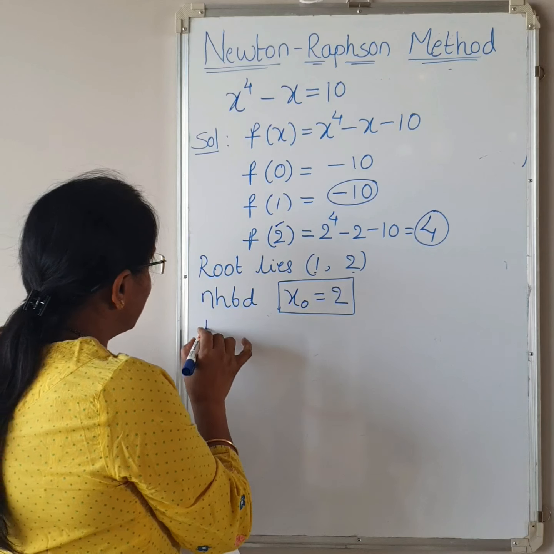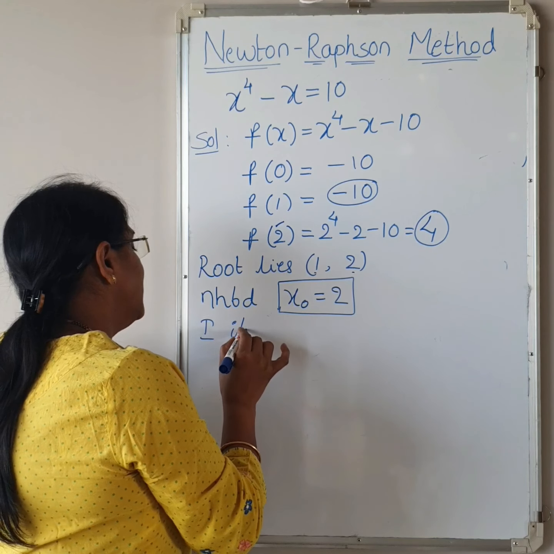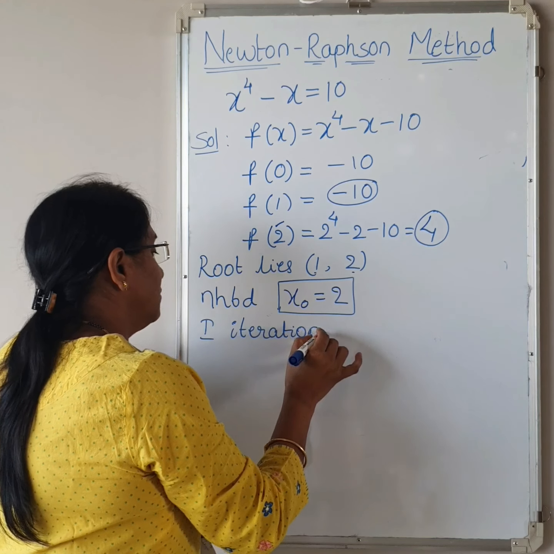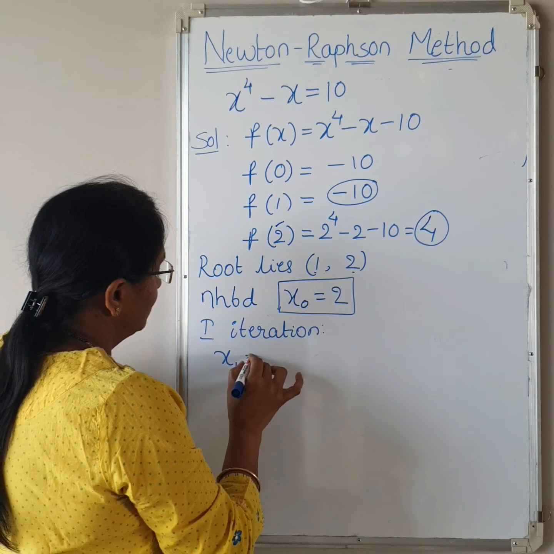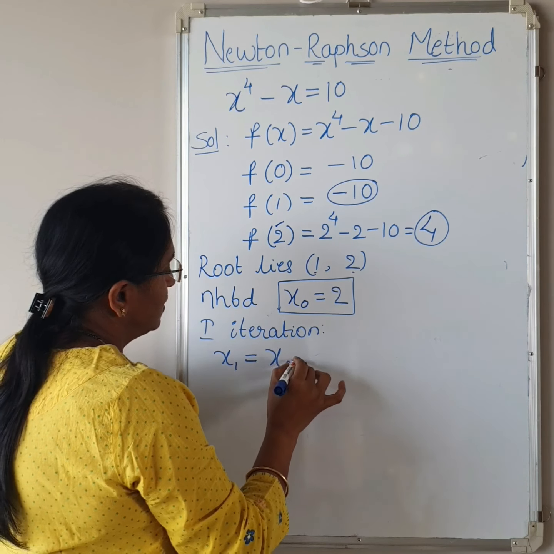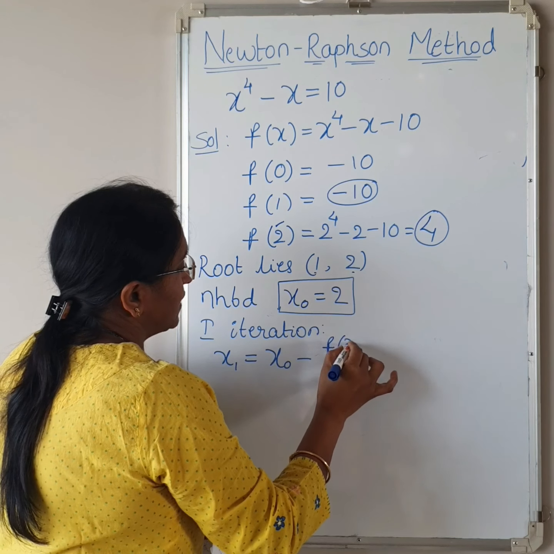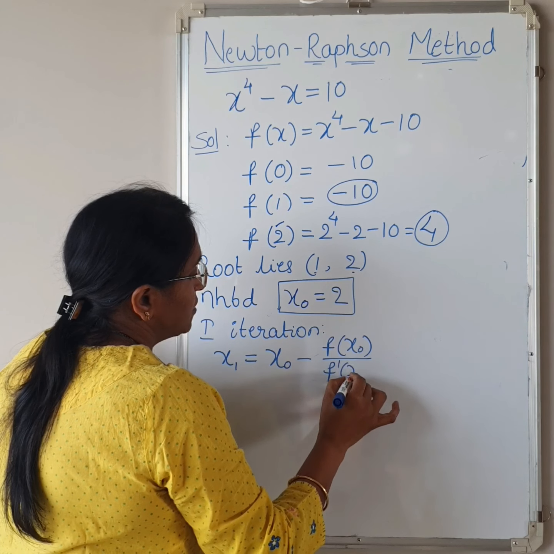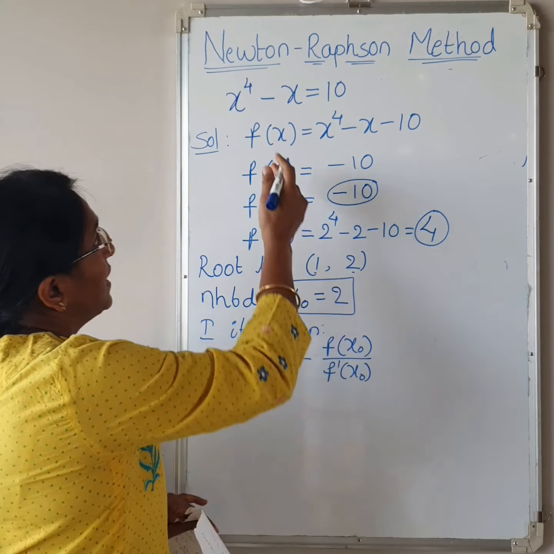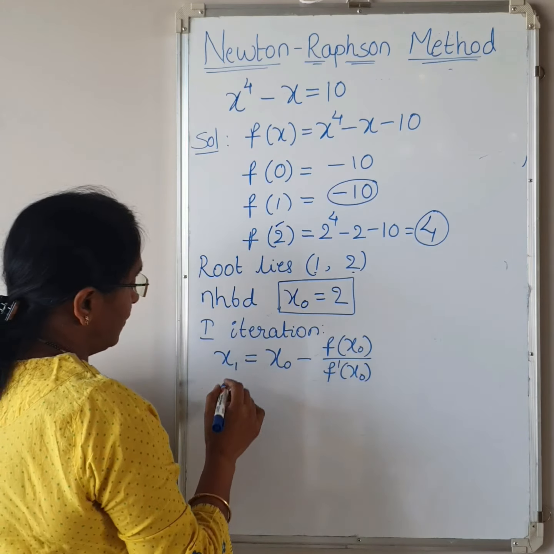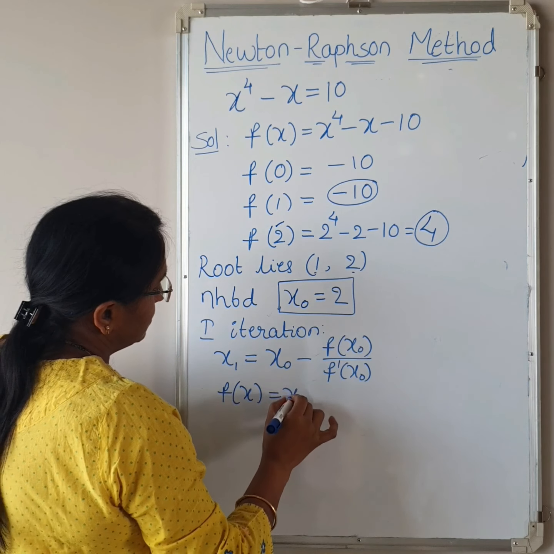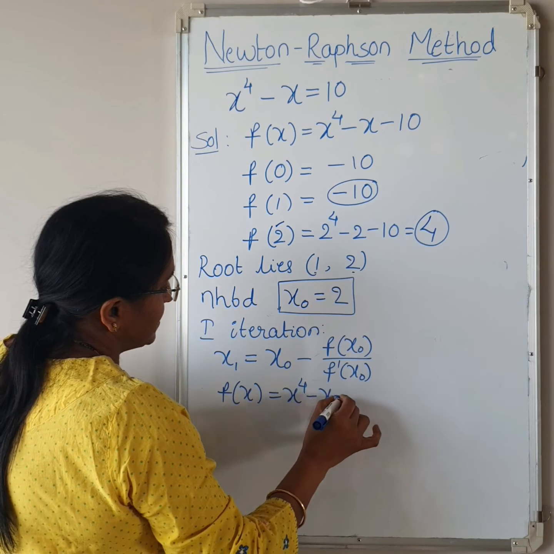Next, first iteration: directly we will take x1 equal to the formula. What is the formula? x1 is equal to x0 minus f(x0) by f dash(x0). So we will find f dash x. f(x) is equal to x raised to 4 minus x minus 10.